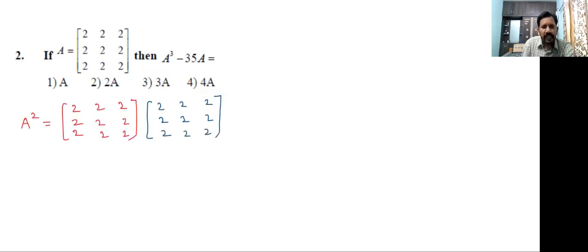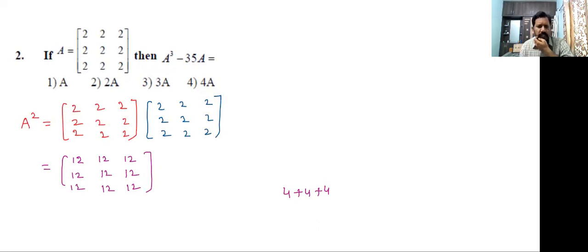Do the multiplication of two matrices. Then what we get? 2 into 2, 4 plus 4 plus 4. How many? 12. That means each element we get 12 only.